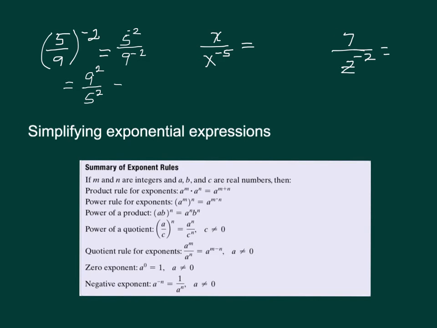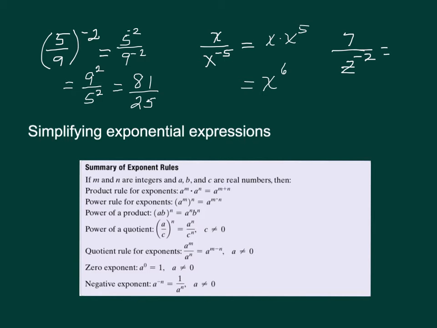So we can simplify, and if you see a pattern there, you can use that pattern from here on out, but we can simplify this now to 81 over 25. All right, now x over x to the negative 5th becomes x times x to the positive 5th power, which really is going to simplify to x to the 6th.